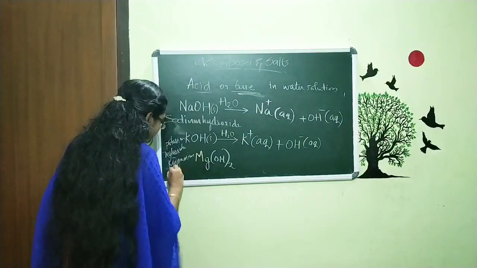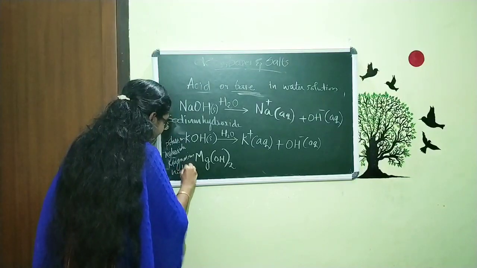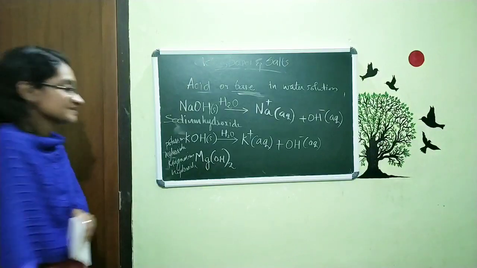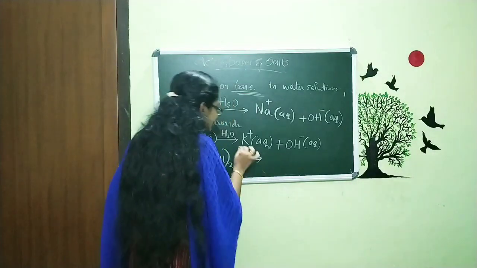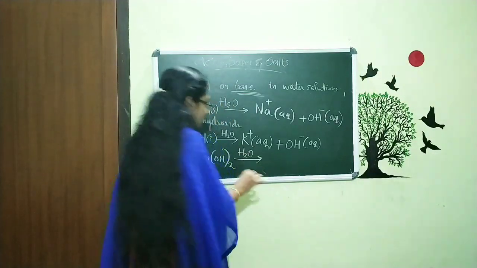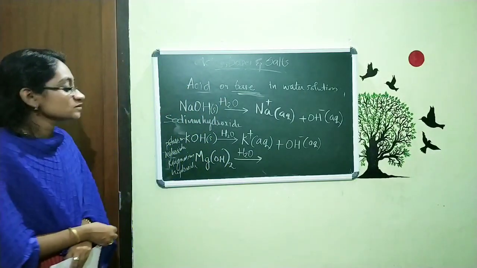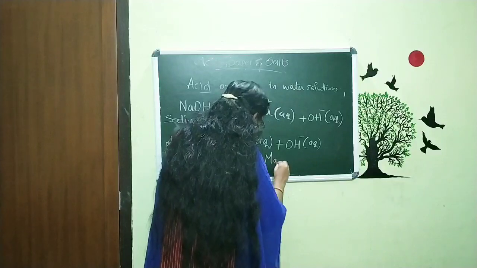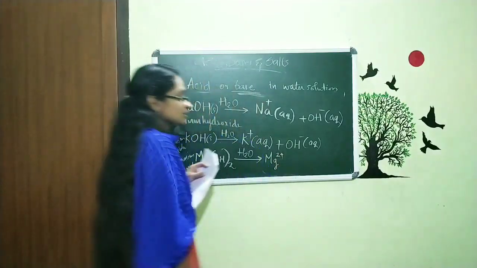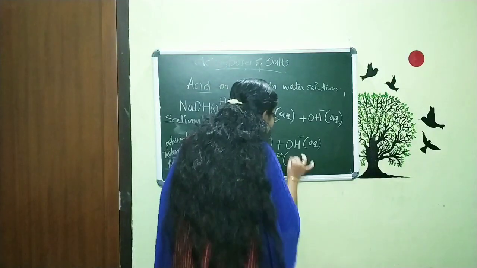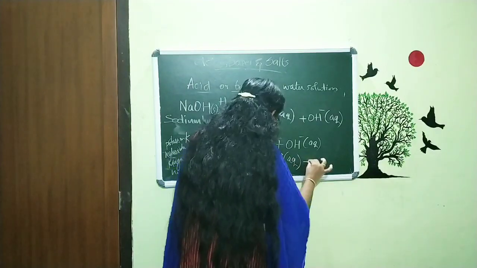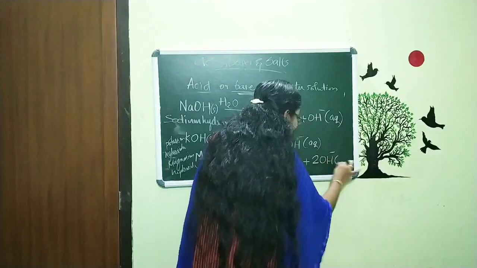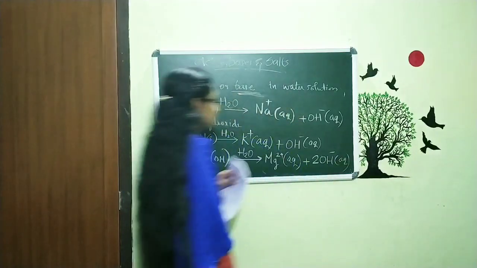When this reacts with H2O, that means when we mix it with water, we get Mg2 plus in aqueous form, plus 2OH minus in aqueous form.